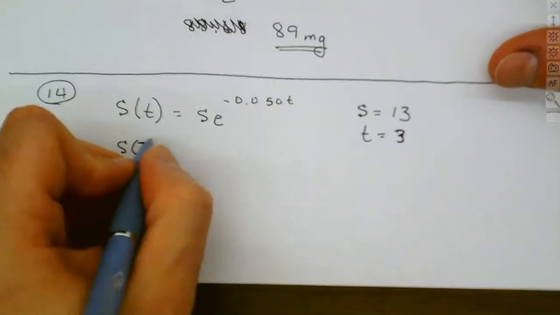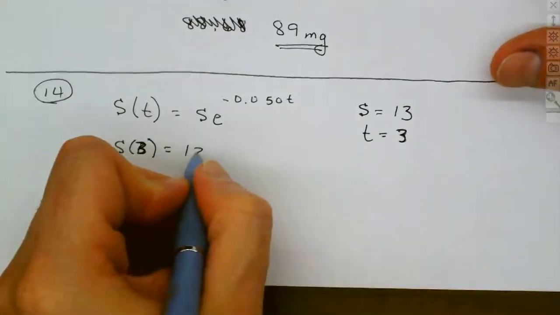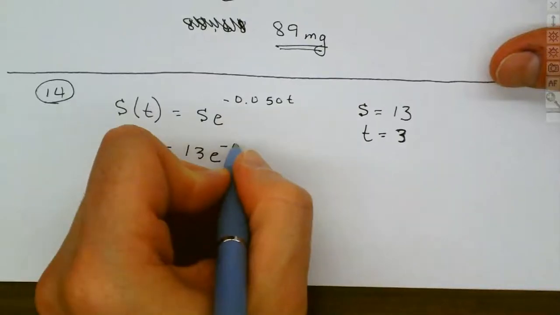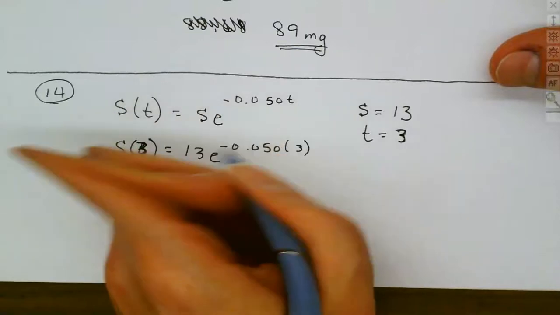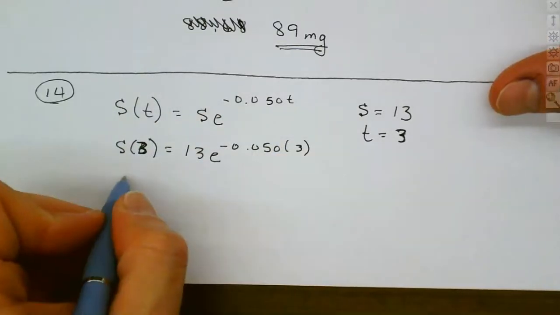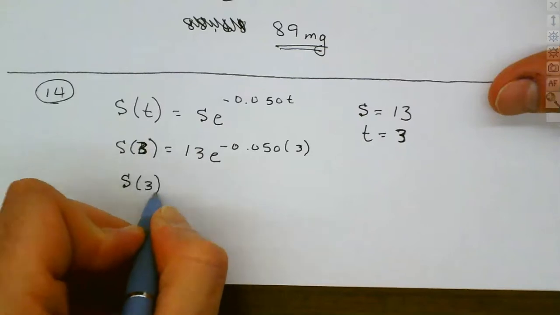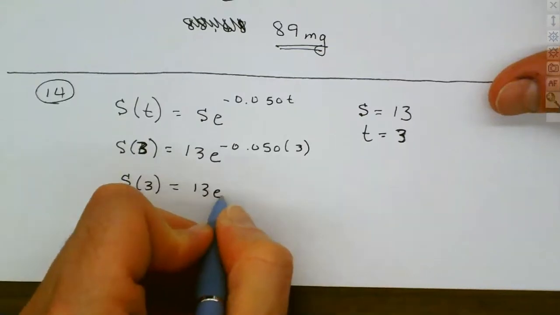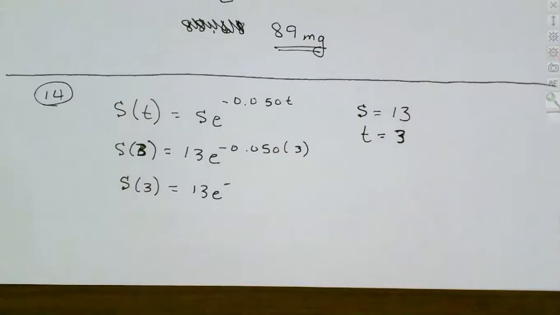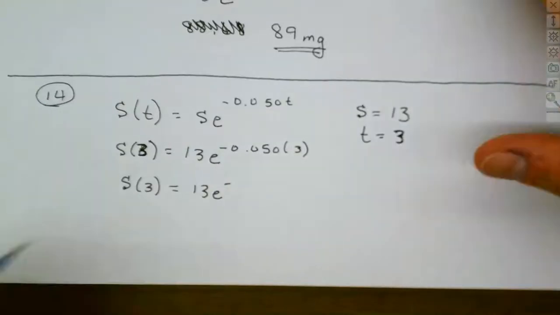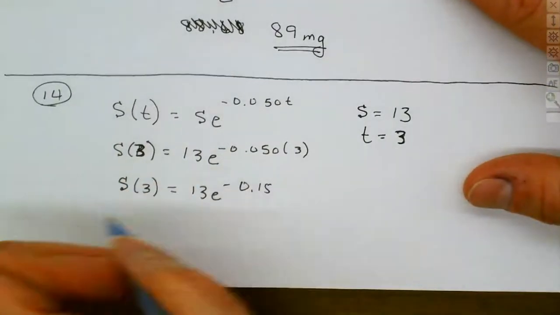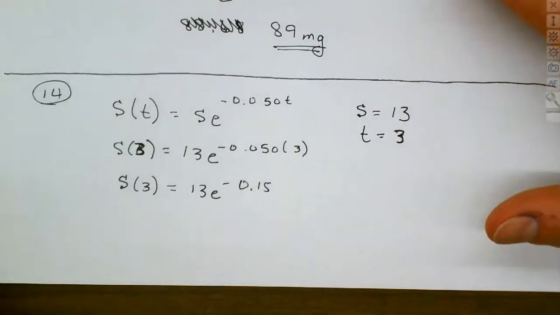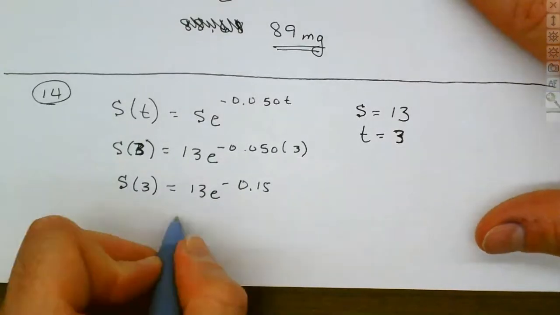So we want to find S of 3, and that's going to be 13e to the minus 0.050 times the 3 years. And that gives me then S of 3 to be, let me work it out, 13e to the minus, we'll multiply those together, 3 times 0.05, and it again is going to be minus 0.15. We got that. Now, what's my final answer going to be?